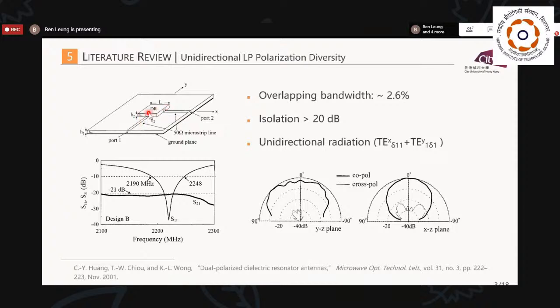Because they excite two orthogonal modes, or degenerate modes, the two degenerate modes do not interfere with each other. Therefore, their isolation is very good, 20 dB. These are the results. S11 and S21 is the isolation.